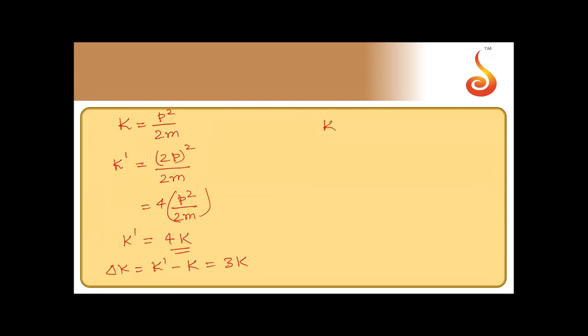Originally it was K, it became 3K, means percentage increase is 300%. Notice one thing, the final value is 400% of original, but the increase is 300%. Increase is 300%, that is option D.